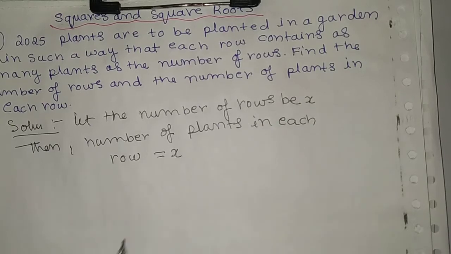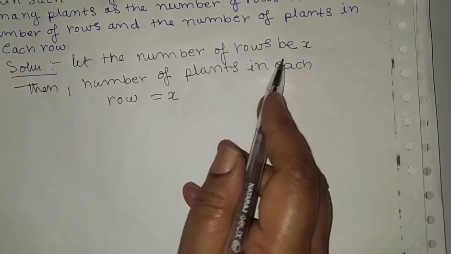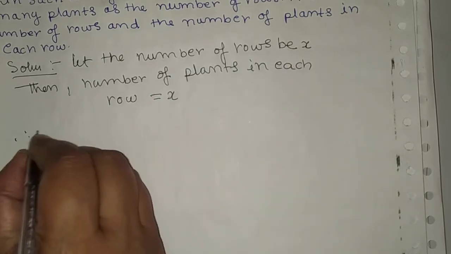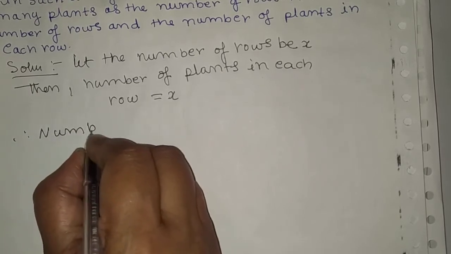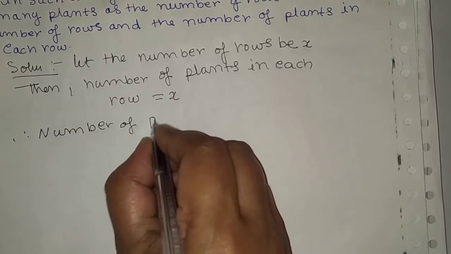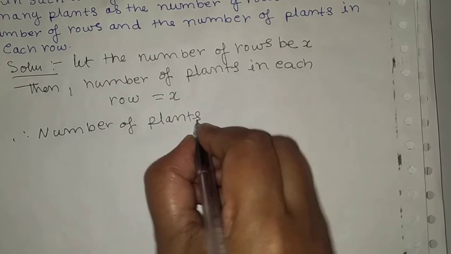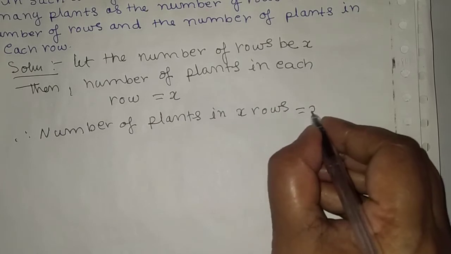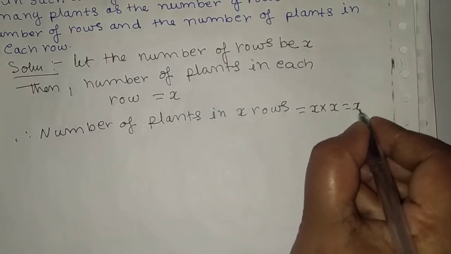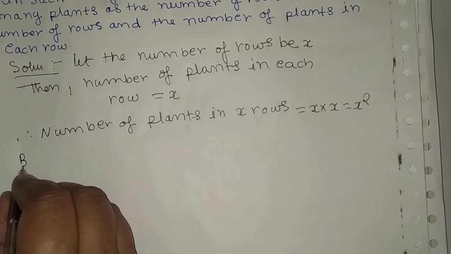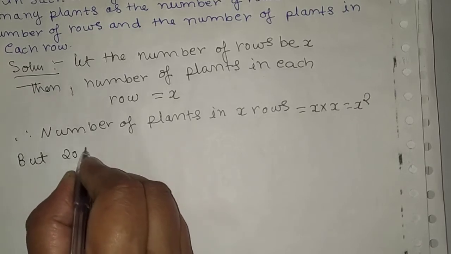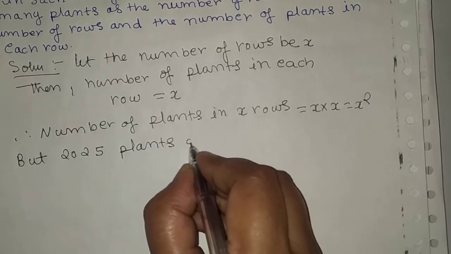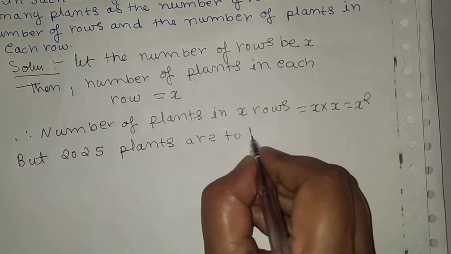Number of rows be x. Number of plants be x. Therefore, next step is number of plants in x rows is equal to x into x is equal to x square. But 2025 plants are to be planted.